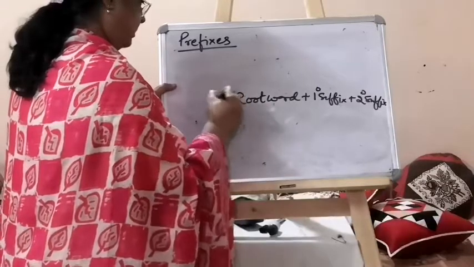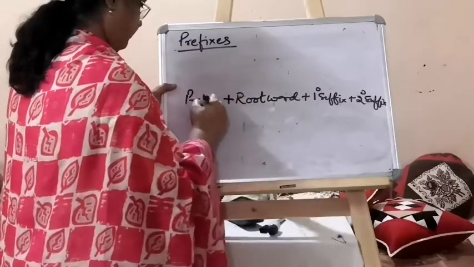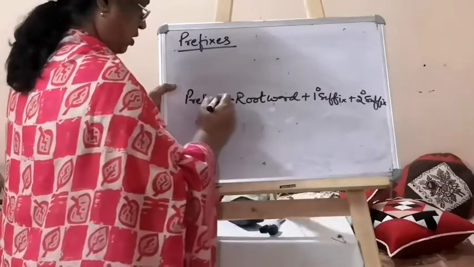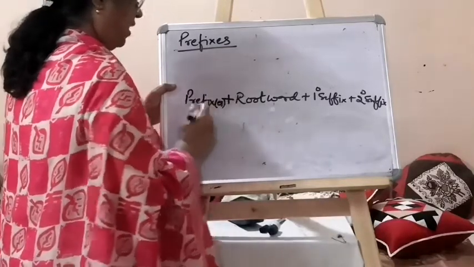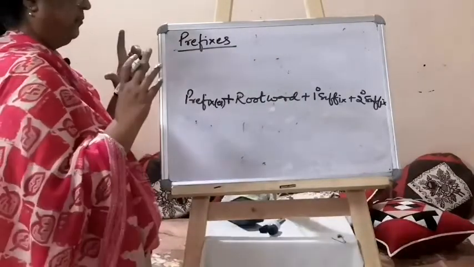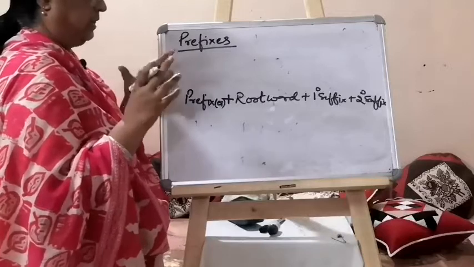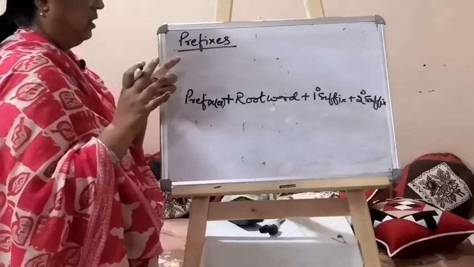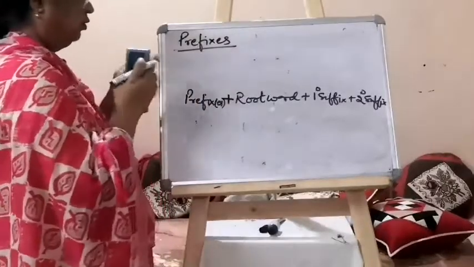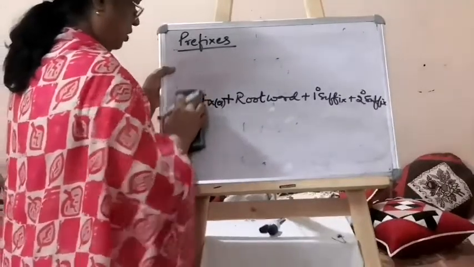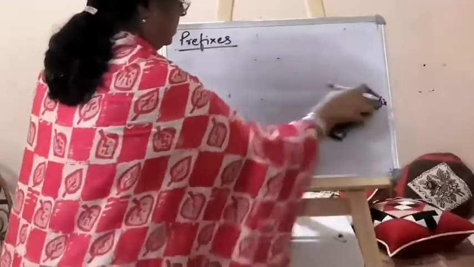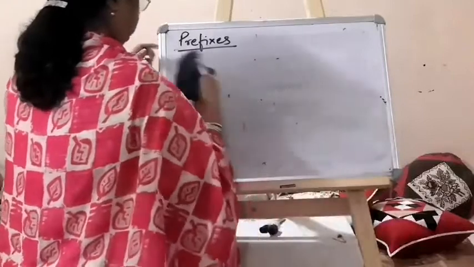Then we have prefixes, which are added before the root word. There may be one prefix or more than one prefix. So what is this prefix? That is your atoms or group of atoms. Their names will be written before the root word. So what are the things coming in these prefixes? I will tell you.